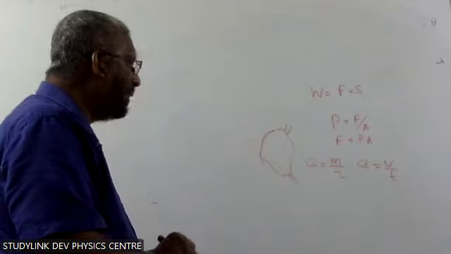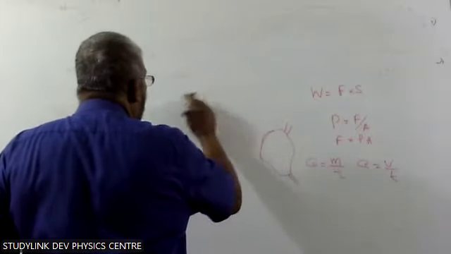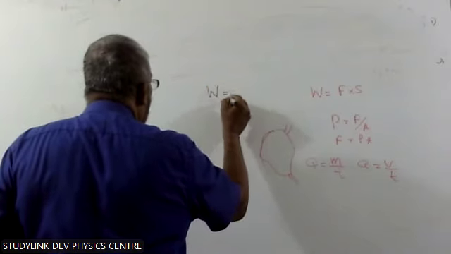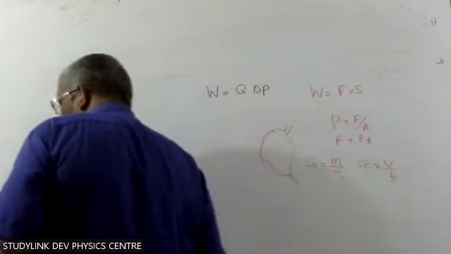Then normally they give you another equation: work done W is equal to Q delta P. Note down that equation.